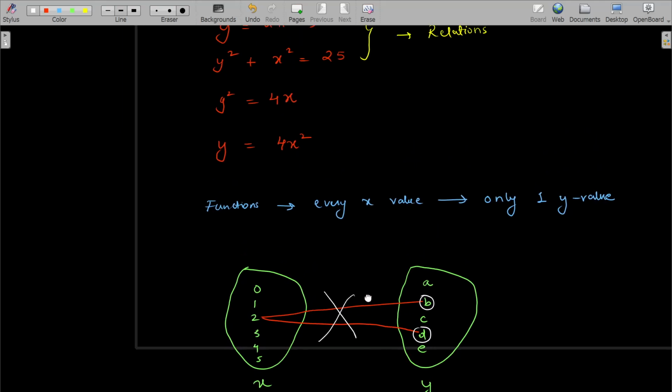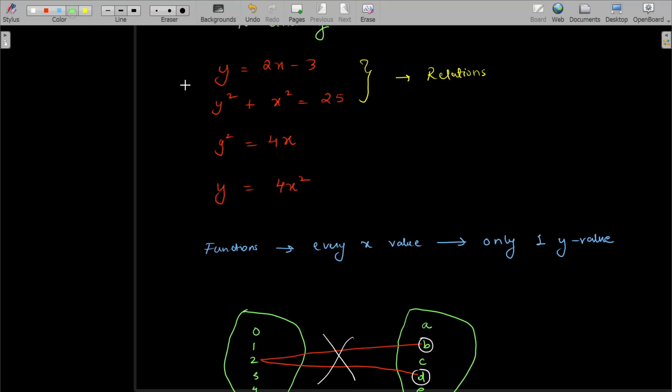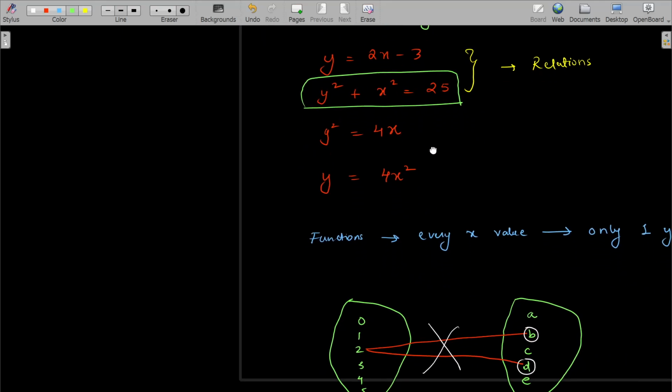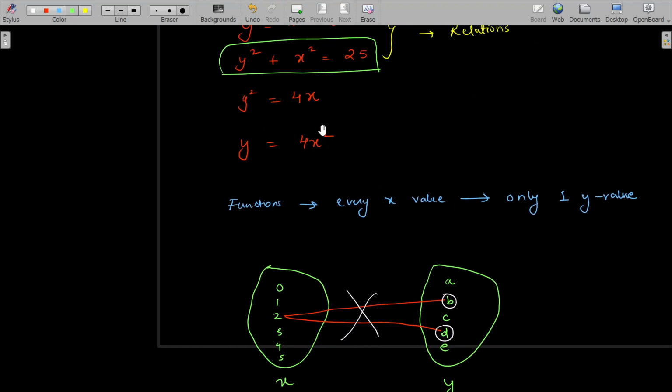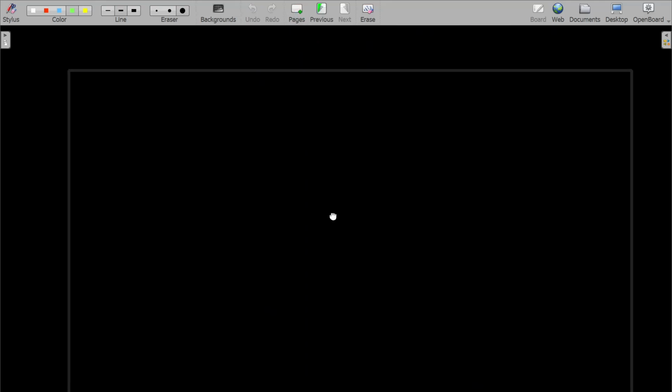Now with this definition, we will try to understand why this relationship, y square plus x square is equal to 25, will not be a function. So I'm going to write it here.